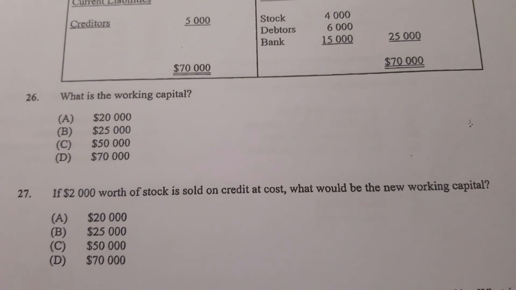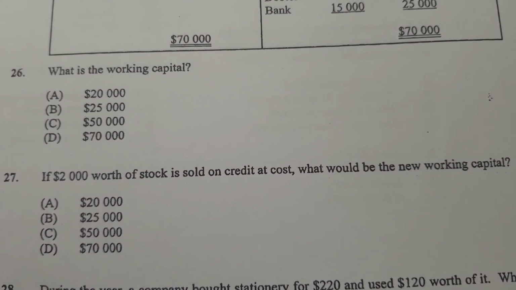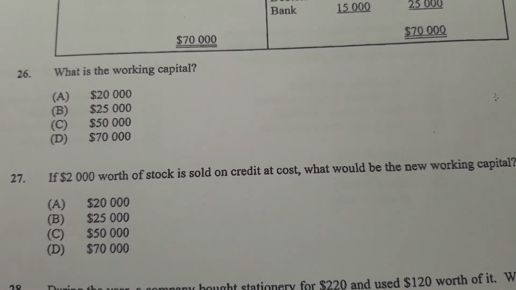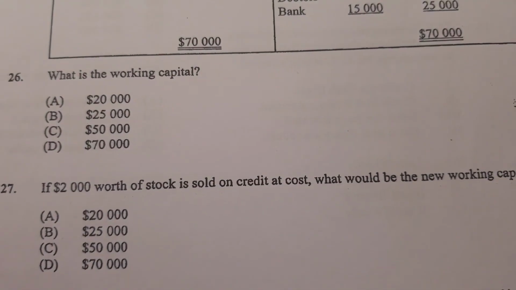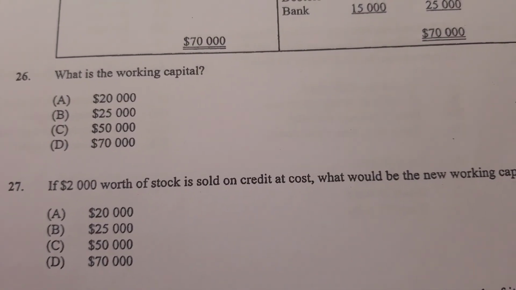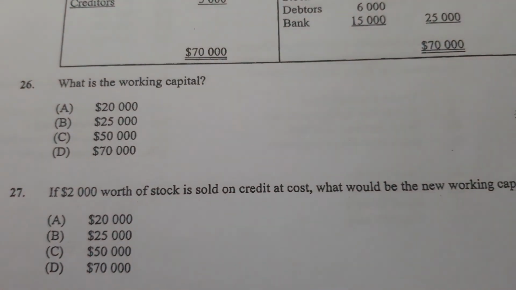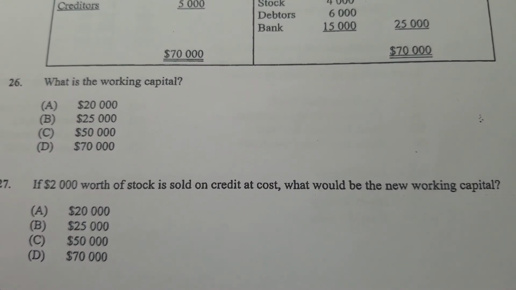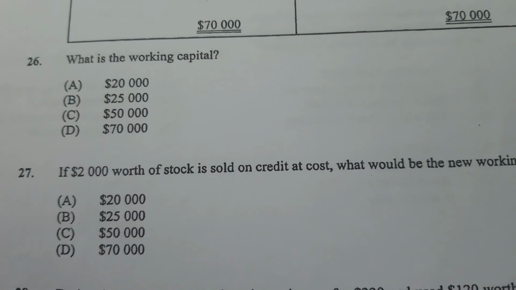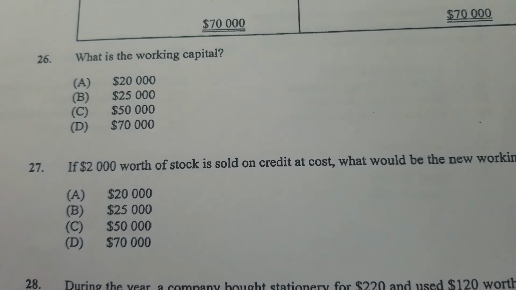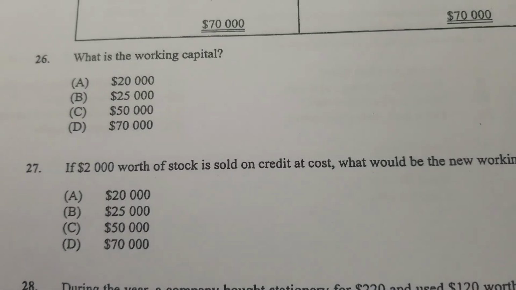Let's go to 27. Question 27 is showing us that if $2,000 worth of stock is sold on credit at cost, what would be the new working capital? The stock figure would change if $2,000 worth of stock was sold on credit.